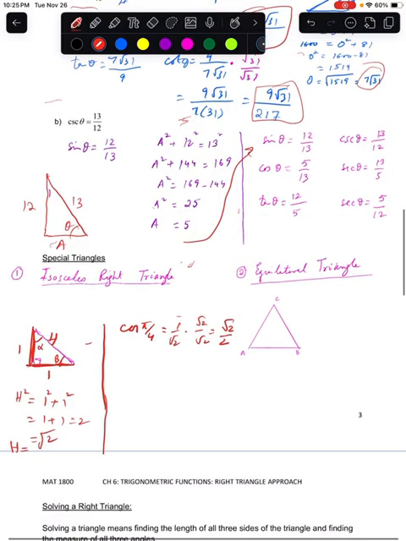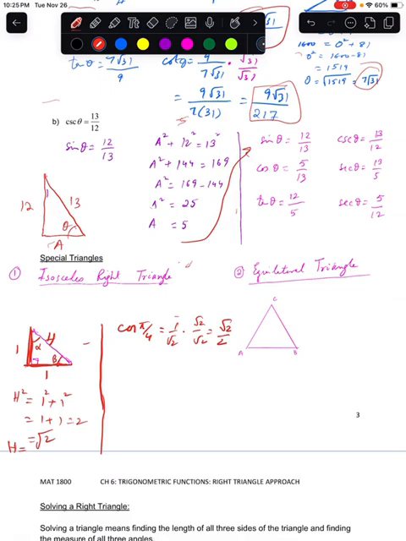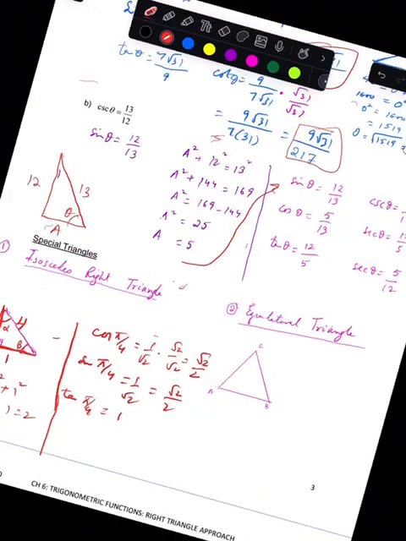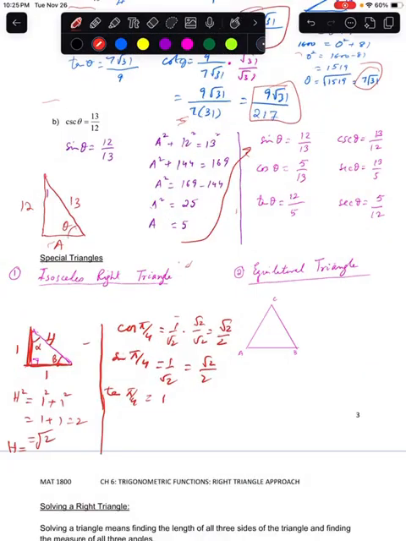Similarly, you can find the sine of pi over 4, which will be the same thing, 1 over square root of 2, so it is square root of 2 over 2. And now tangent of pi over 4 is 1 over 1, opposite over adjacent, so it will be 1. And now you should be able to write the other three trig ratios.